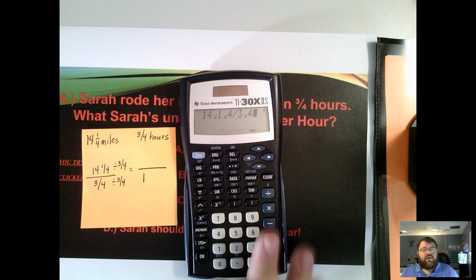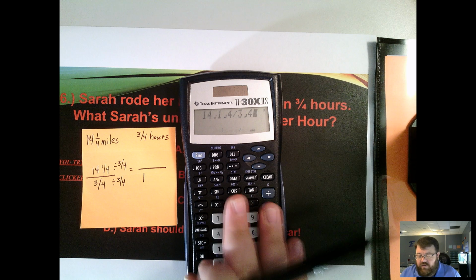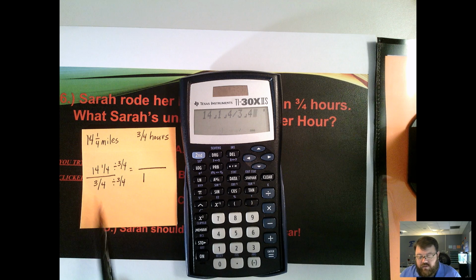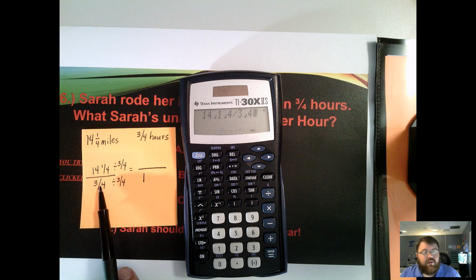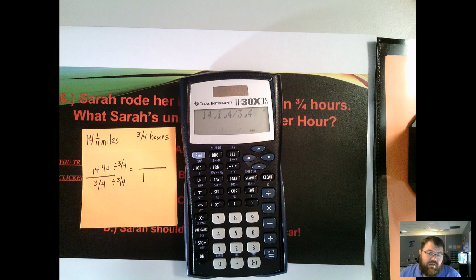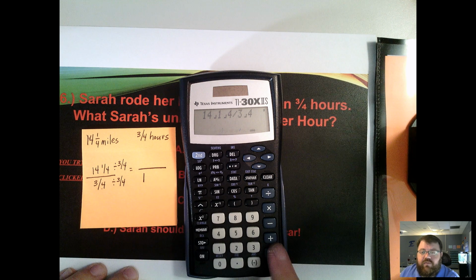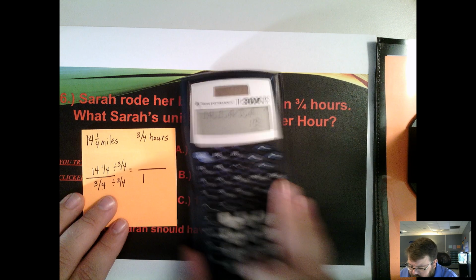I will say, get used to using your calculator, because in 7th grade we are going to be learning how to solve these by hand, because this is a new standard in 7th grade. It's called complex fractions. So we'll be teaching you how to solve this without a calculator probably around Christmas. So 14 1/4 divided by 3/4, hit enter, and you have 19.